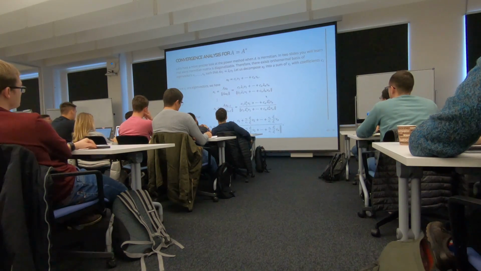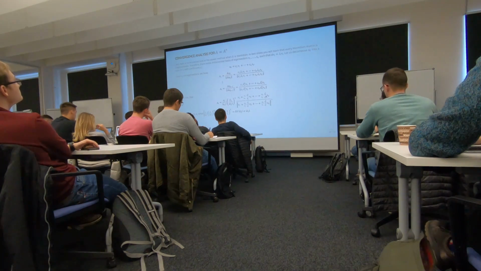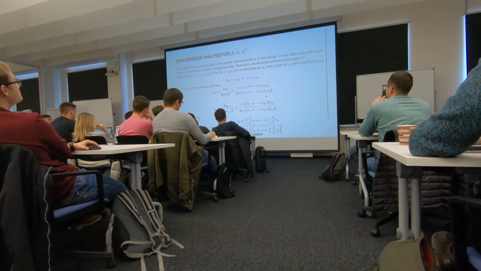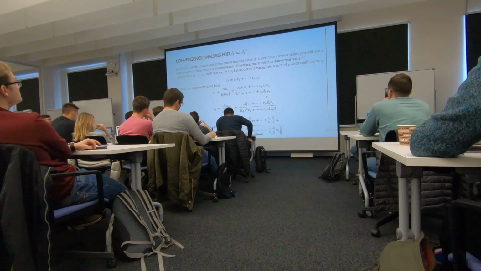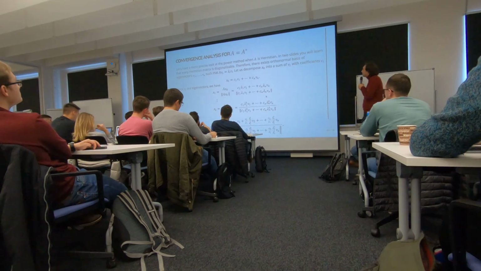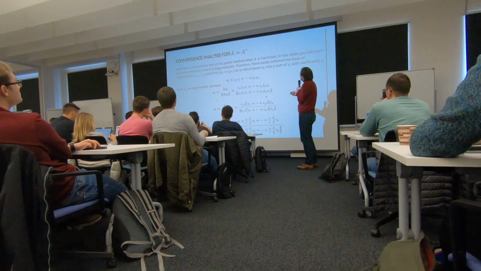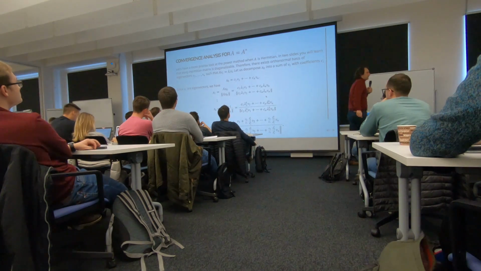Yeah, and the convergence analysis for the symmetric positive definite case. For the non-symmetric case, the convergence analysis is more complicated, but for the symmetric case it's not so much different.